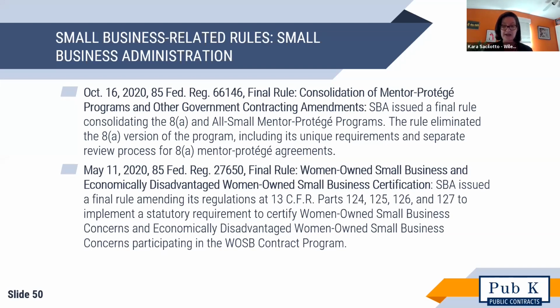It also formalized SBA's practice of allowing a mentor-protege relationship to be canceled within the first 18 months to not count towards the firm's 2 mentor lifetime limit, provided the protege doesn't abuse that privilege.